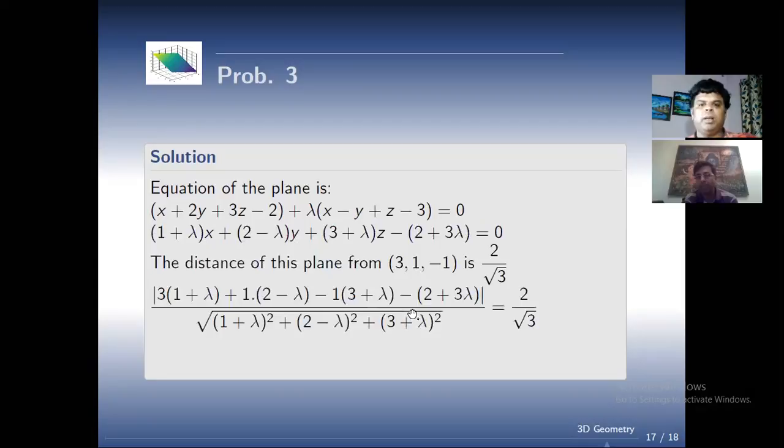So all I have to do is plug in the distance formula.